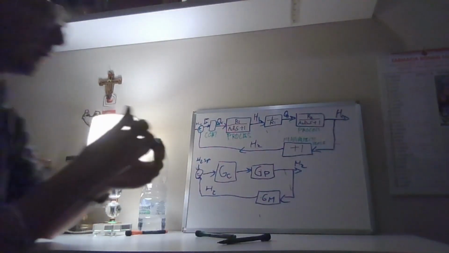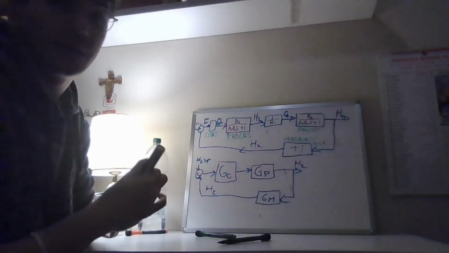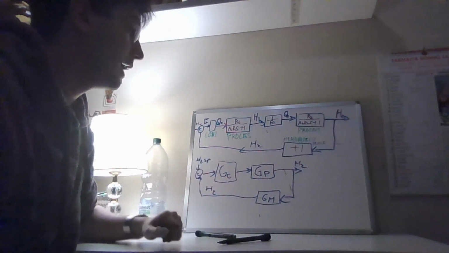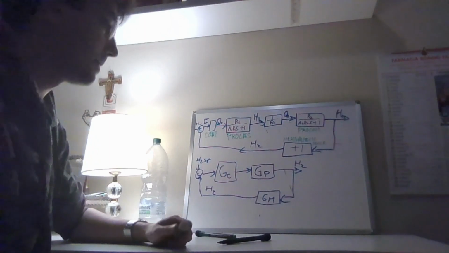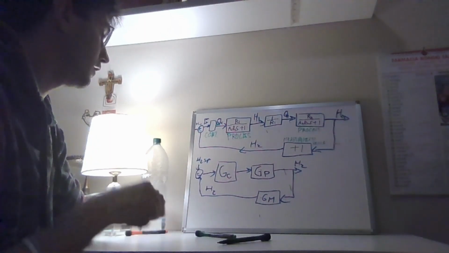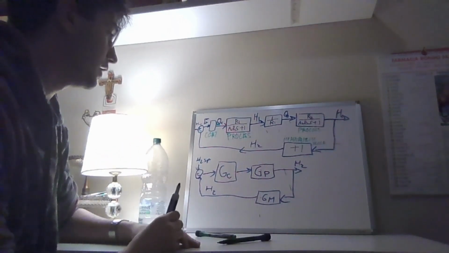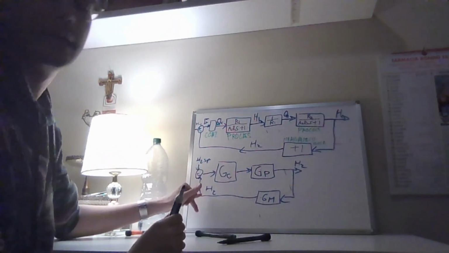Sweet. So now we can work this around and get an equation for both our forward and backward process. First of all, I want to get the equation for what H2 is.